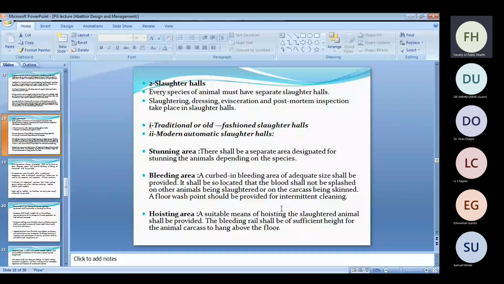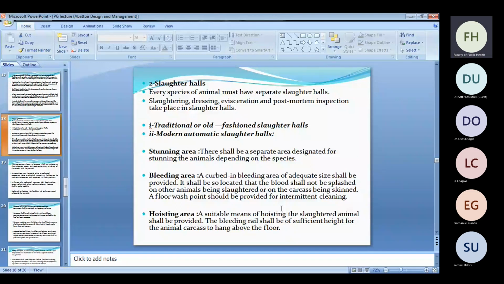Now we also have the stunning area. There shall be a separate area designated for stunning of the animal, depending on the species. We also have the place we call the bleeding area, where the animals are bled. It will be of adequate size, and it shall be located so that the blood shall not be splashed on another animal being slaughtered or on the carcass being skinned.